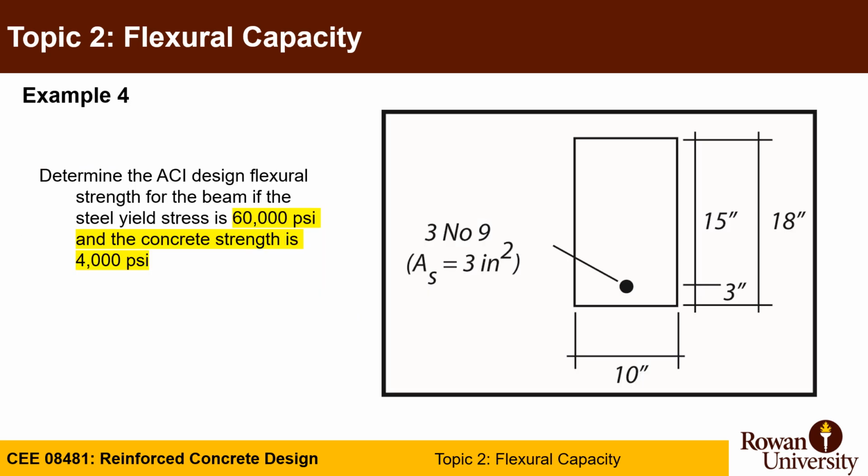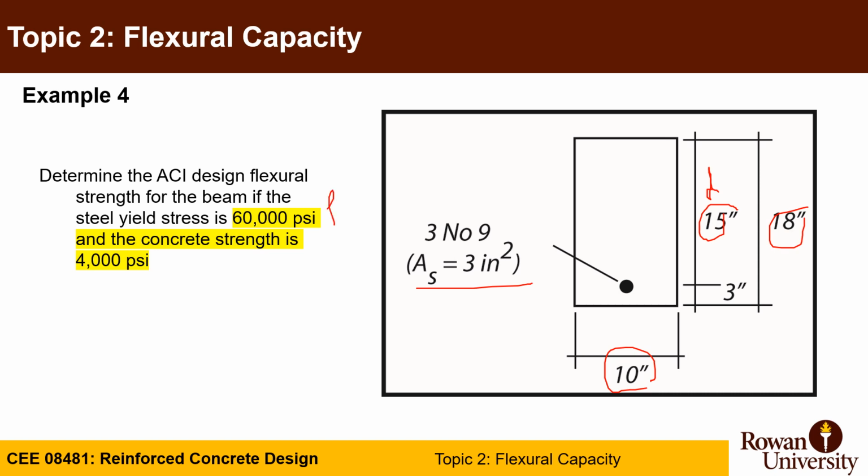Last example here before we conclude, another cross section: the width is 10 inches, the depth is 18, structural depth d is 15, cover 3, and steel 3 in².